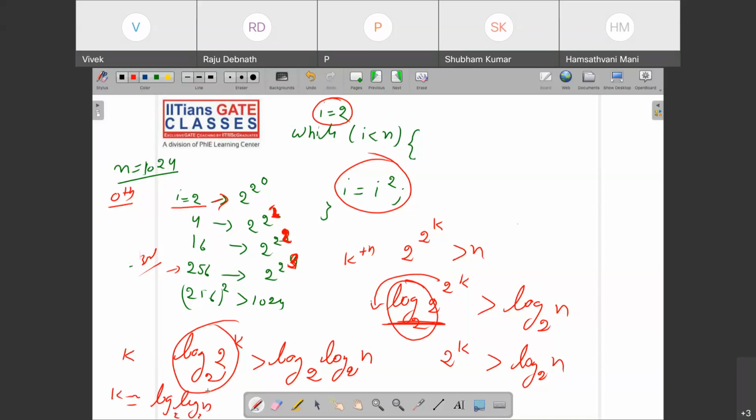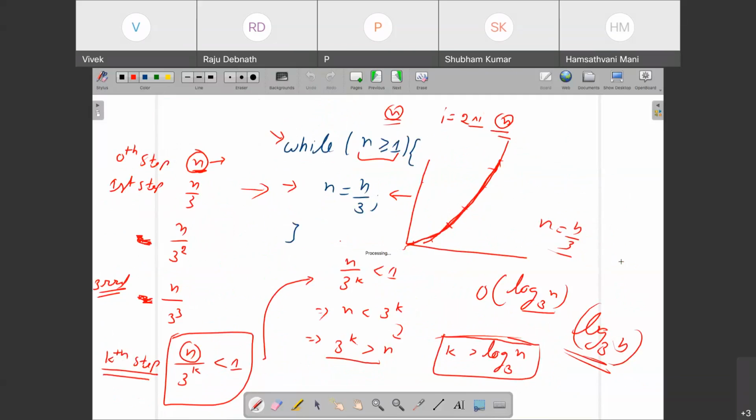Now we have seen that in the previous example where we are multiplying or dividing, either dividing the value of n or multiplying the value of the increasing variable i, our time complexity was log base 2 n. Once we do the power, it's basically log log n. So practice on these kinds of questions. Always practice on these kinds of questions. You will never lose the grip on divide, multiplication, or power.